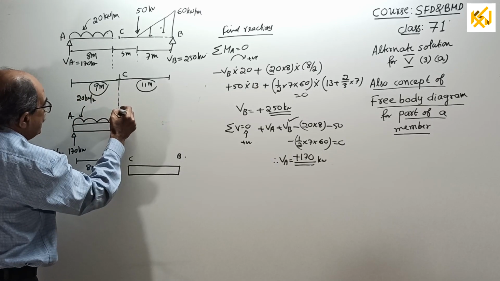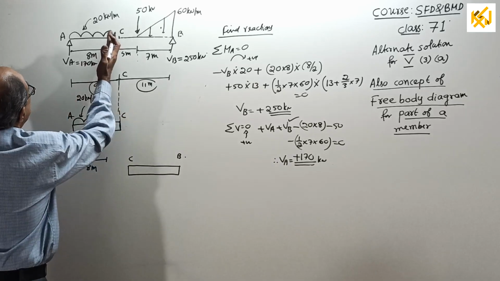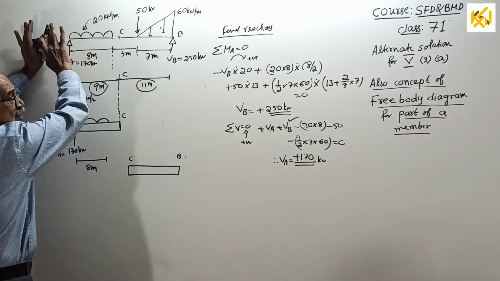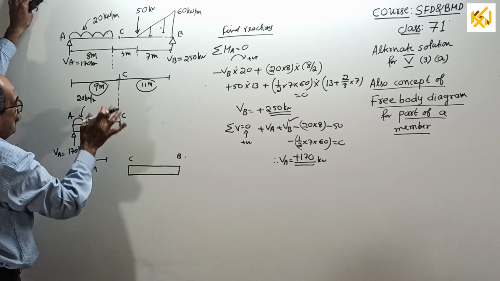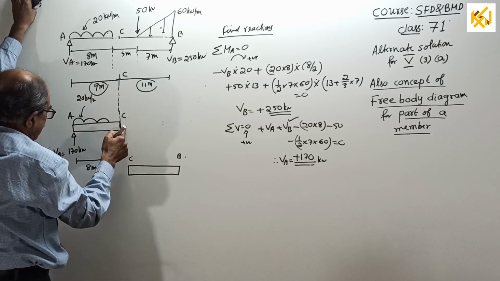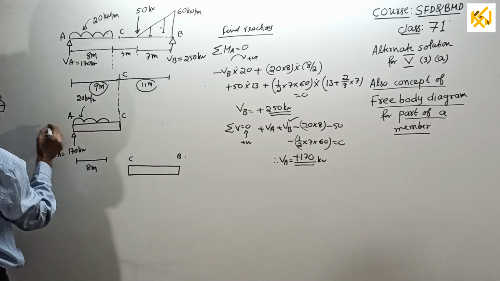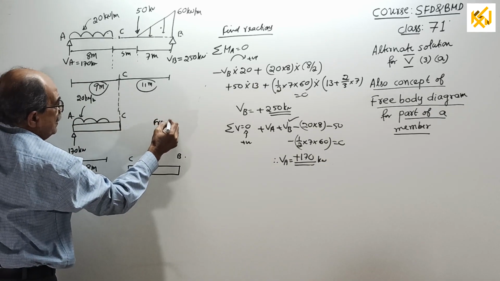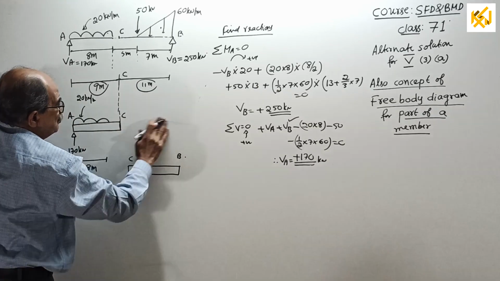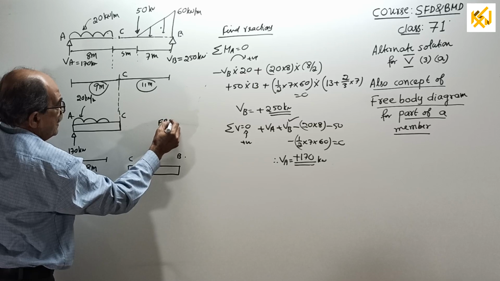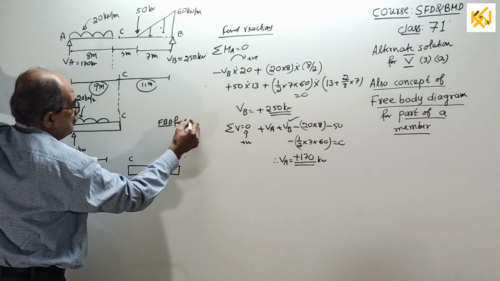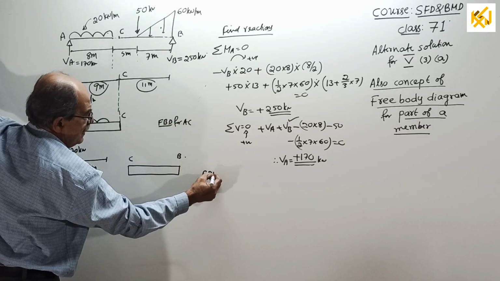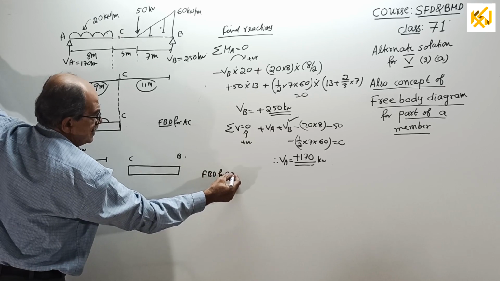Now, if I cut here and look this side, this is the loading from this side. Now when I write free body for AC, this is FBD, to save time. Free body diagram for AC portion. This is free body diagram for CB portion.